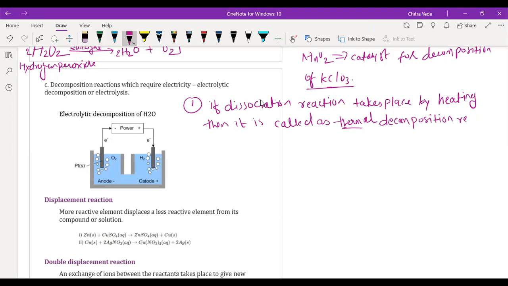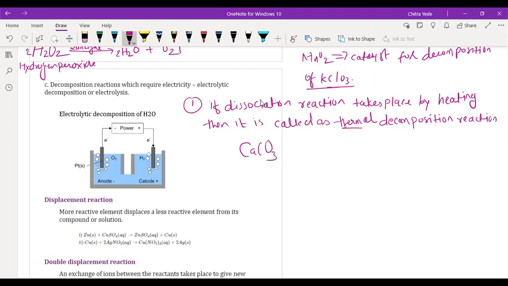Number 2, if we are dissociating any compound by heating, like we have calcium carbonate. You know calcium carbonate? It is CaCO3.